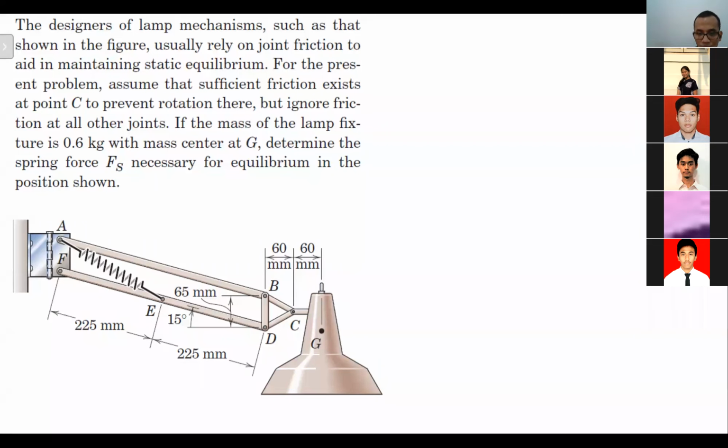Oh, yes, of course, we're supposed to start with that. But before that, the first step is to understand the problem. After you understand the problem, then yes, try to find out the two force members in order to simplify the problem.